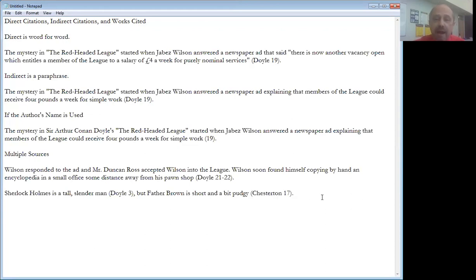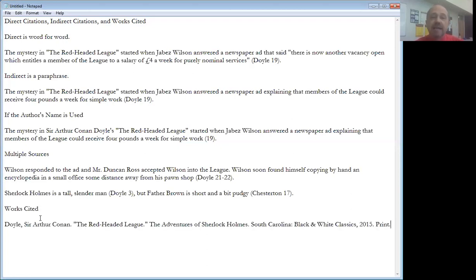Okay. Now, last, I'm going to have a works cited page. And my works cited page is going to show which books I used where I got my information from. So, for example, the works cited for the Red-Headed League would look like this. I have the author's name.